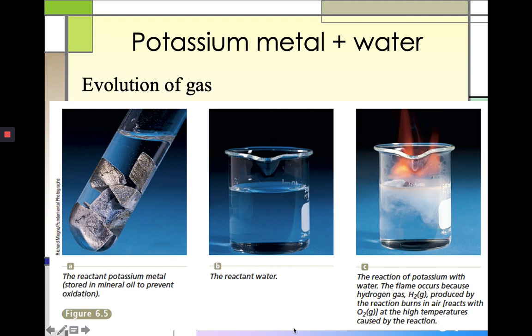And so we say that one evidence of a chemical reaction is the evolution of gas. All right, the evolution of gas, and in here we can also see that there is energy that was released in the form of heat and light.